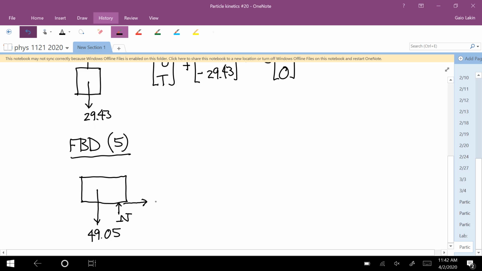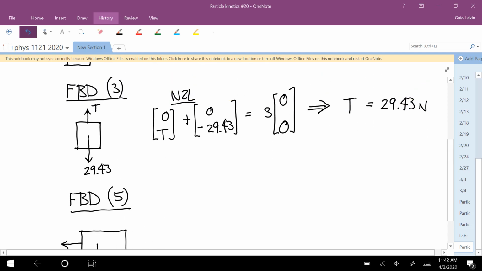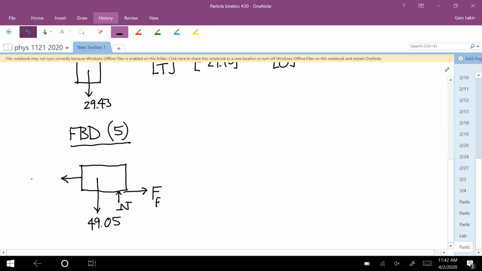Okay, and the magnitude, we don't know. We're just going to calculate what that has to be. And the only thing that I'm missing still is the cable tension. That's a pulling force this way, and we figured out from isolating the other one that this is going to be 29.43.